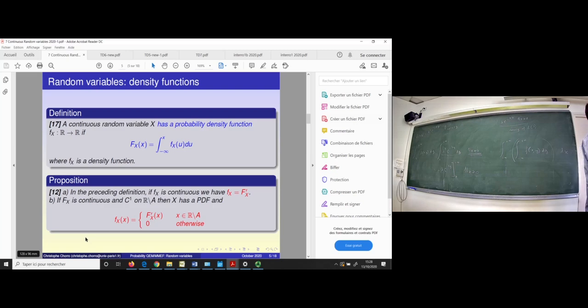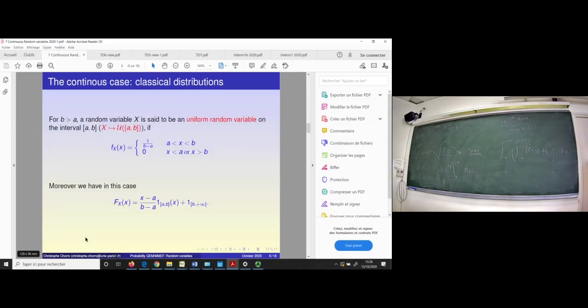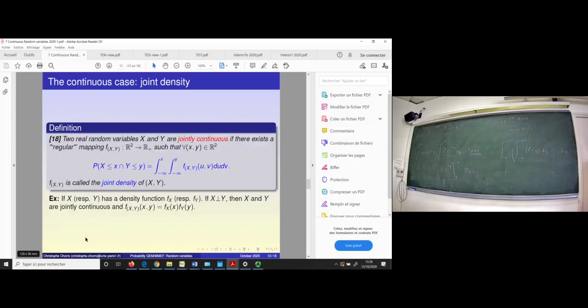If I add a new random variable, I am interested not in the probability that capital X is less than small x, but the probability that x is less than small x and y is less than small y. And in this case, I have a joint density if this equality is fulfilled. So the notion of a joint density function is a notion that generalizes what happens for a single random variable, but in the case of 2.